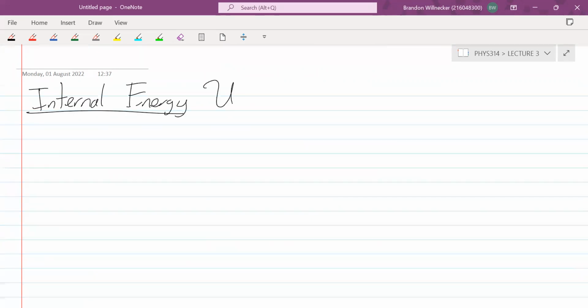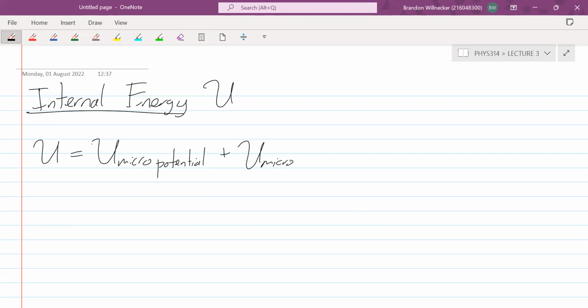Okay, and that's U. So we know what energy is from first year. Energy is potential plus kinetic. That's the total energy of the system. Here, instead, the internal energy U is given by U micropotential plus U microkinetic.